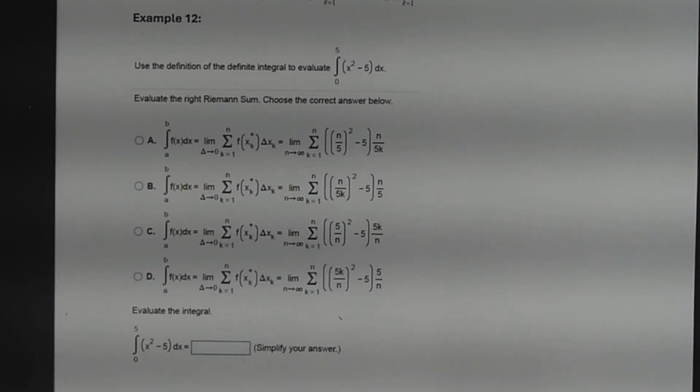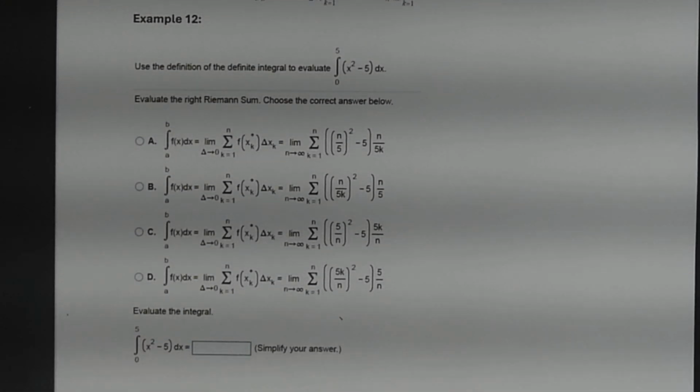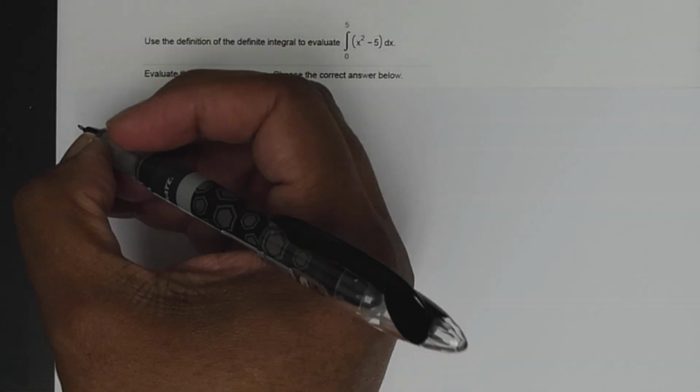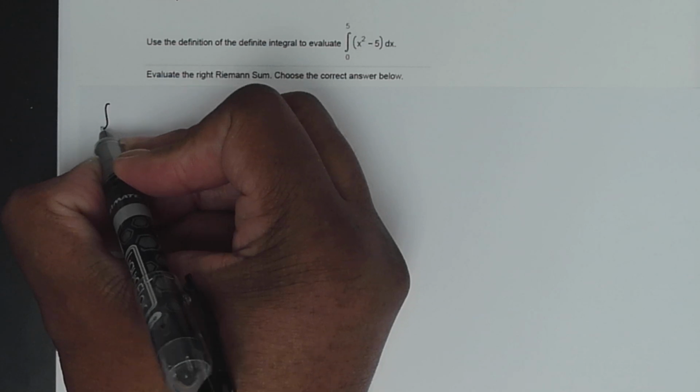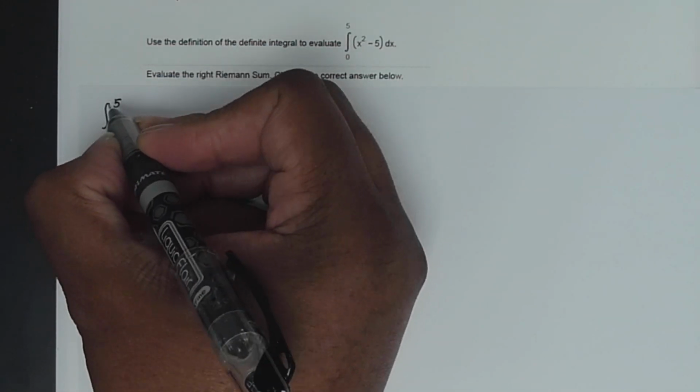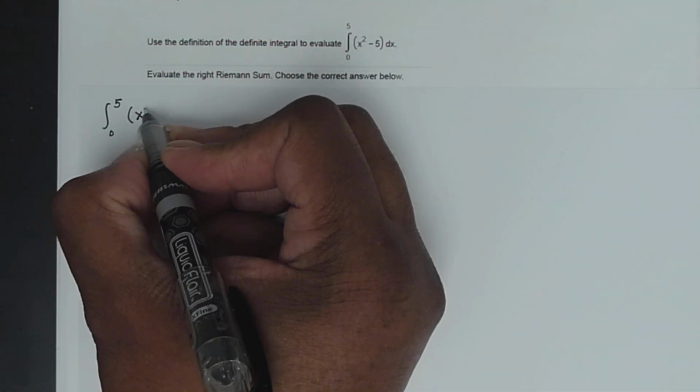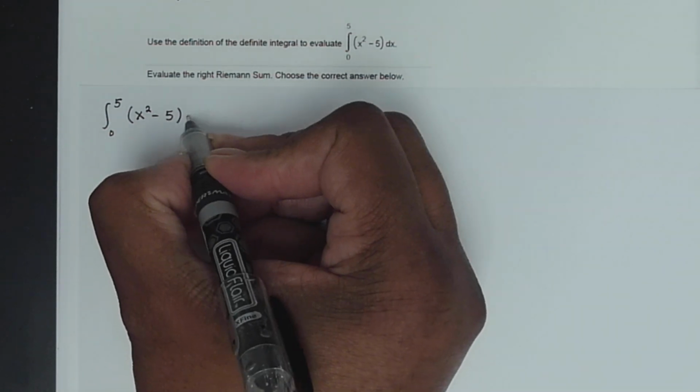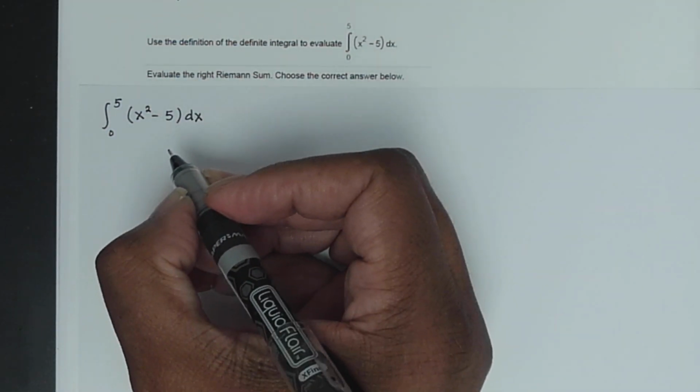Alright, so here's what we got, and I'm going to do this on a separate sheet of paper. I might need 2 sheets for how I'm going to work this problem out. So here we got the integral from 0 to 5 of x squared minus 5 dx.